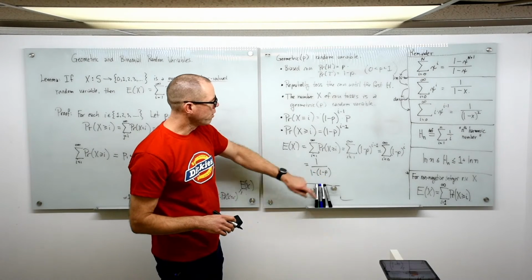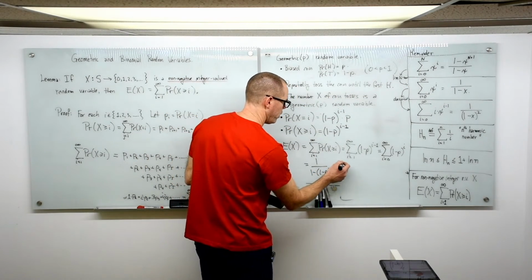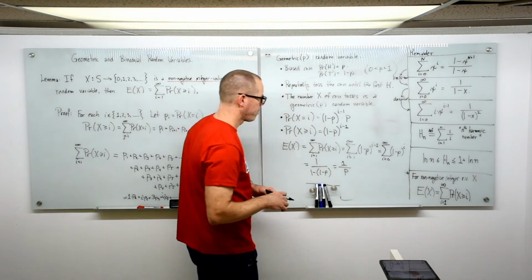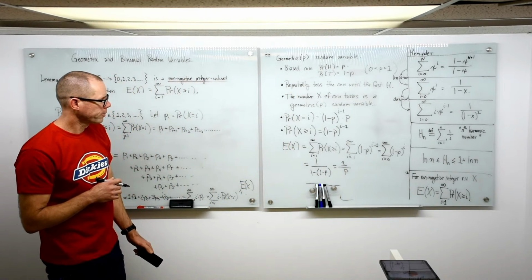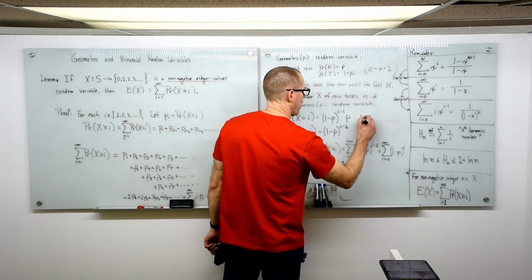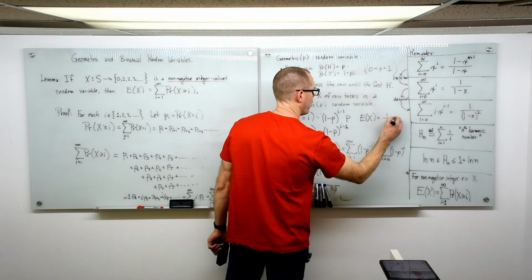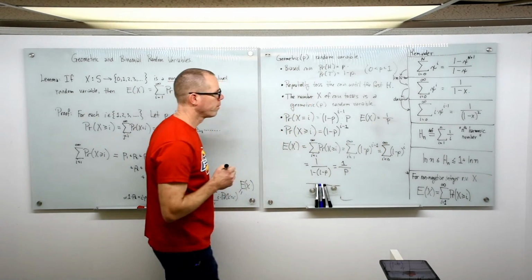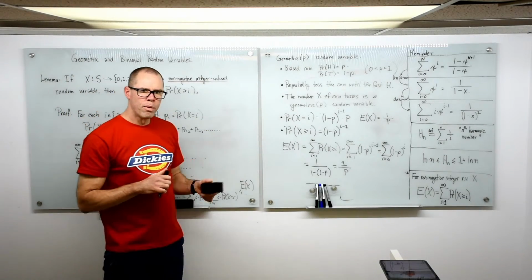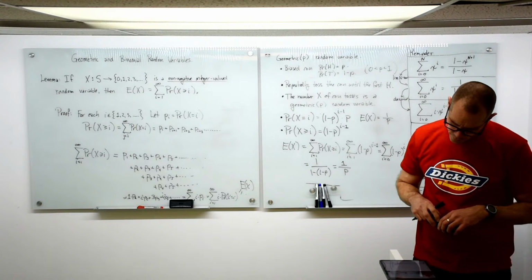That's our value of x, and that is just equal to 1 over p. So write that down there. The expected value of x is 1 over p. And does that agree with what we've seen before? Yes.